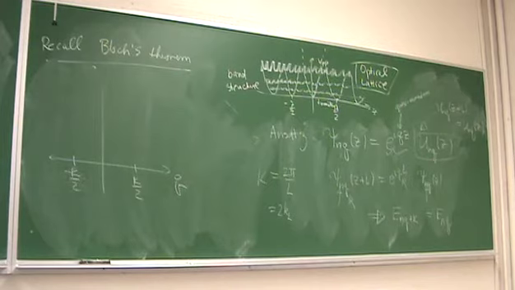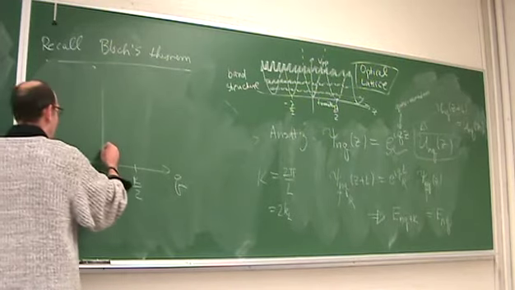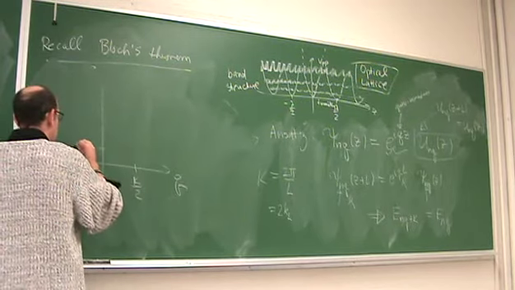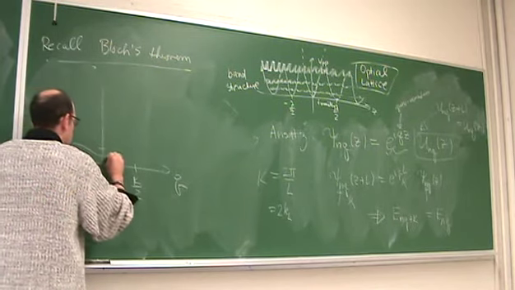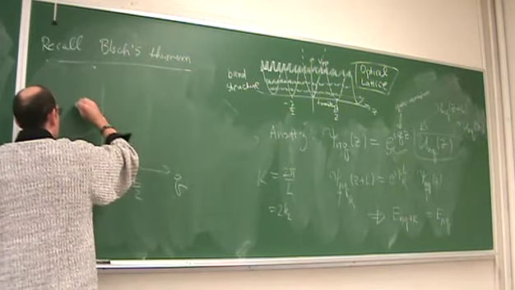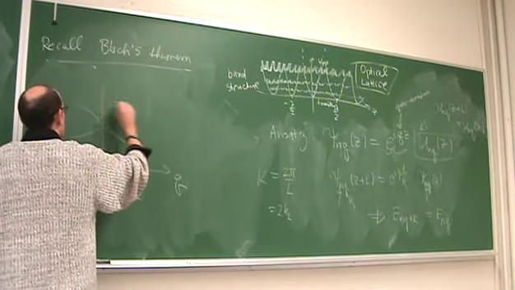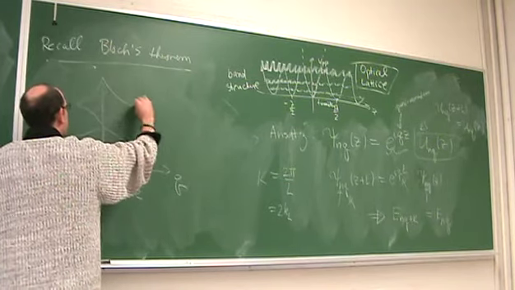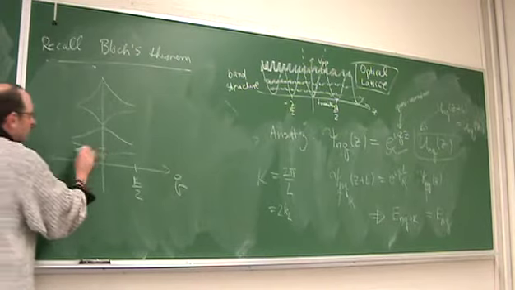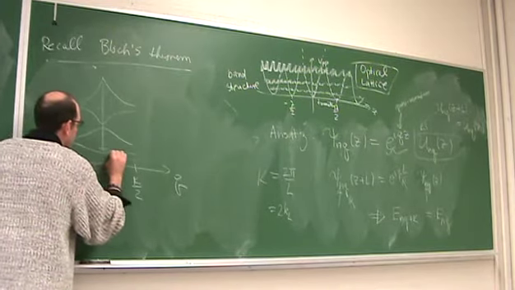If I had just harmonic oscillators, well, I have some energy levels, but that's not what we see. What we see, in fact, is a continuum of levels, which look like that, with a band gap, but which is a little bit shallower.